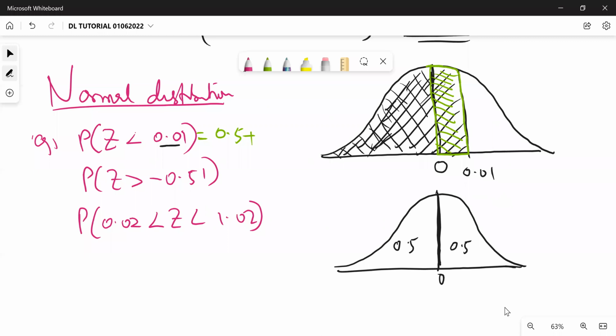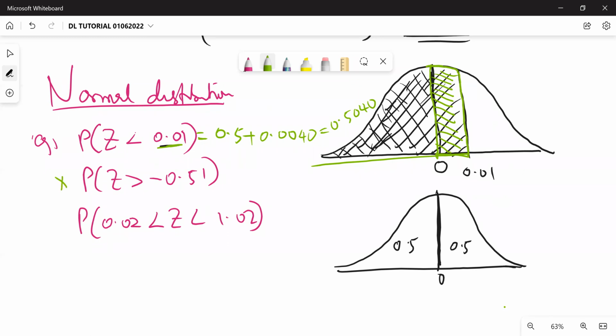So this would be 0.5 plus 0.004. So that's the probability that Z is less than 0.01. Some of you might think that when you talk about less than 0.01, it's just from here up to that point, and then you stop there. It means you go all the way down.